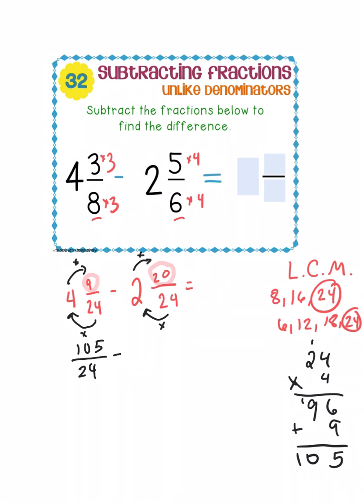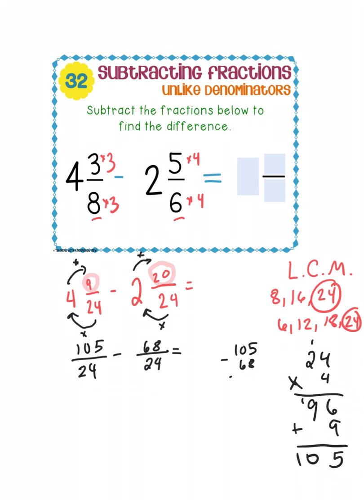So 24 times 2, I can double that in my head. That gives me 48. 48 plus 20 more gives me 68. So that will be 68 over 24, and now I can subtract.